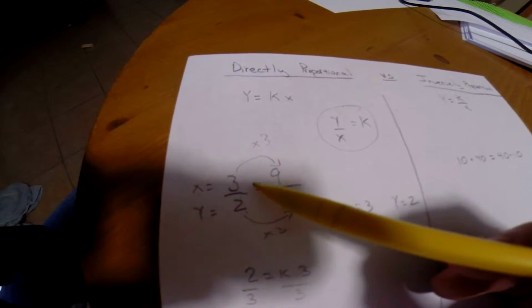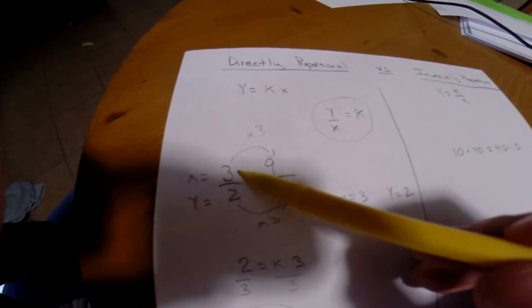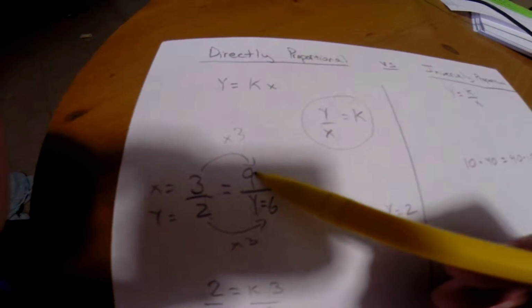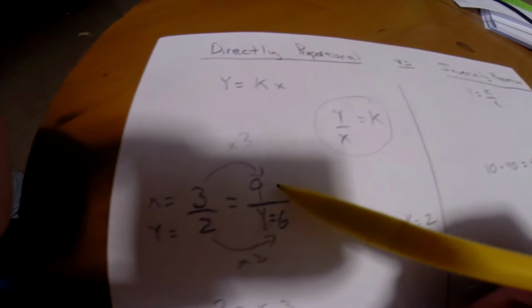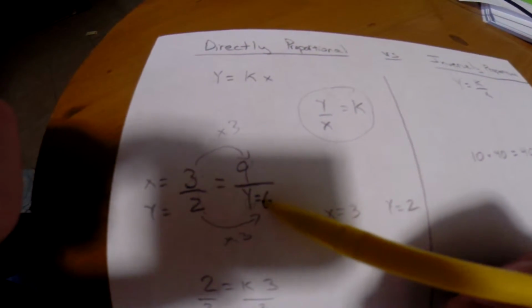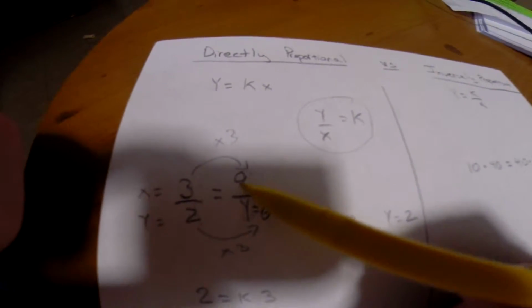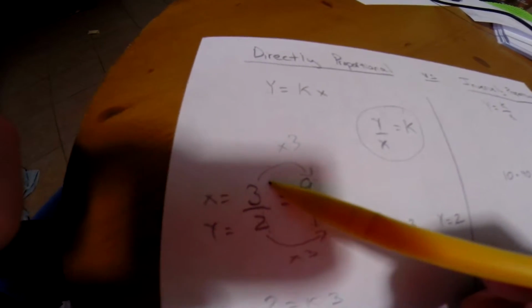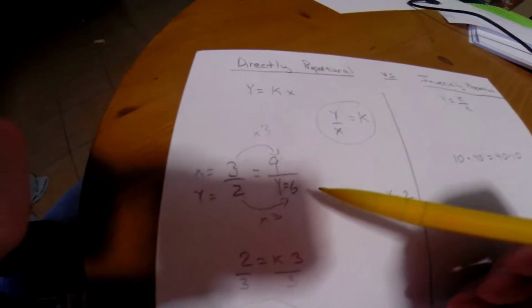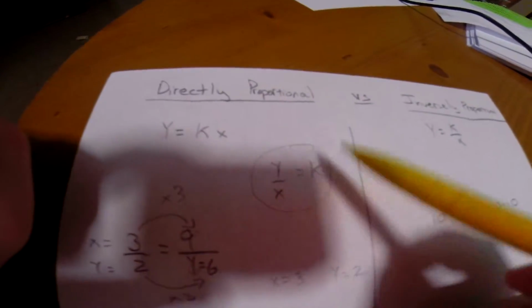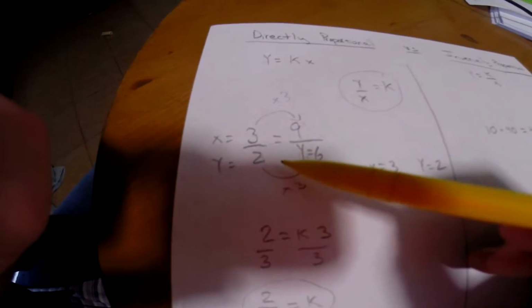Whether I'm saying 2 over 3 or 6 over 9, or 3 over 2 and 9 over 6, notice 9 over 6 reduces to what? 3 over 2. Or if I flipped it and said 6 over 9, that reduces to 2 over 3. It becomes the same thing. So this k value is what happens when you divide.